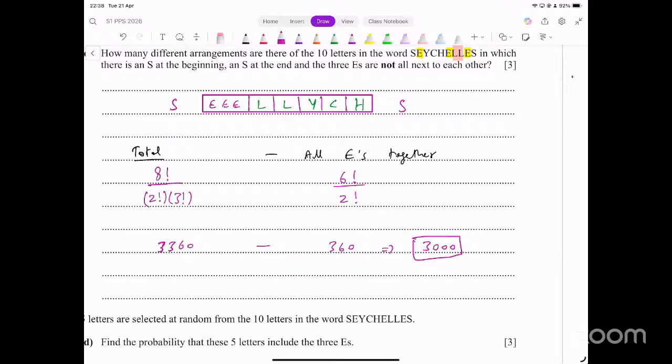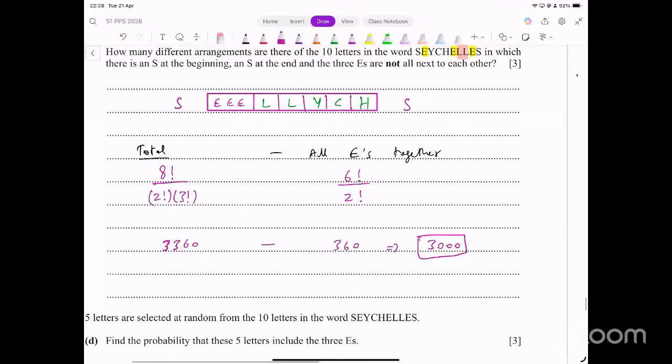Dashes and stars method in this case is not going to work because of what they're saying in the question. They're saying the 3 E's are not all next to each other. When they say they are not all next to each other, that means we are allowed this case in which 2 E's are together and 1 E is separated.